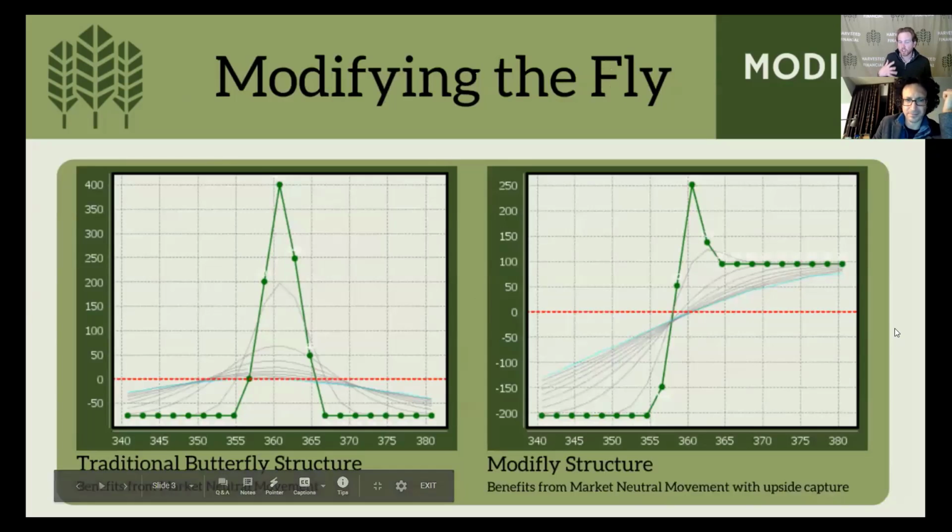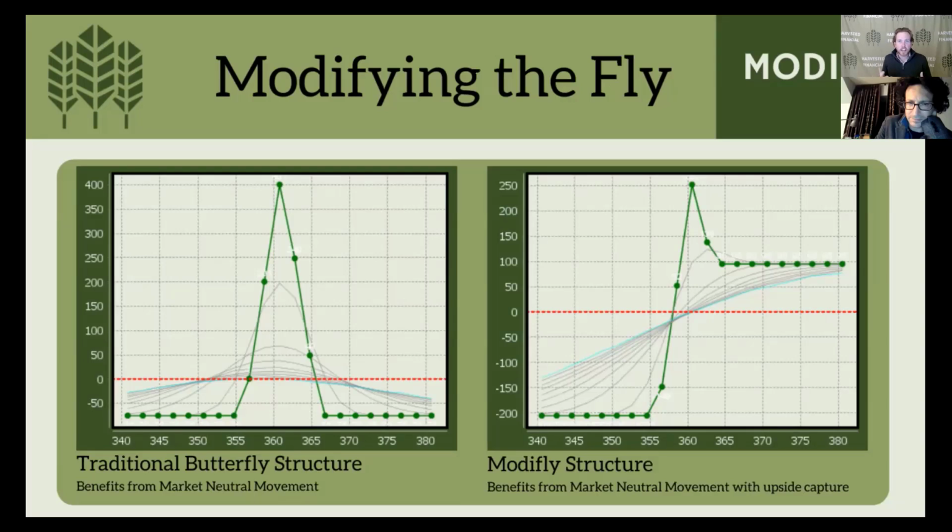The main structure that underlies our model portfolios has to do with a defined risk strategy that's pretty common in the options markets. The butterfly is a well-known options strategy that is meant to capture a little bit of a volatility premium, but target specific strikes and target the lack of movement, or inversely, a lot of movement in the market.